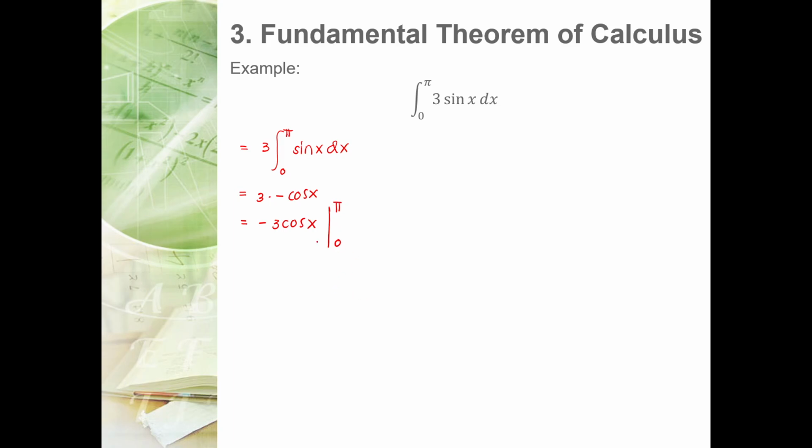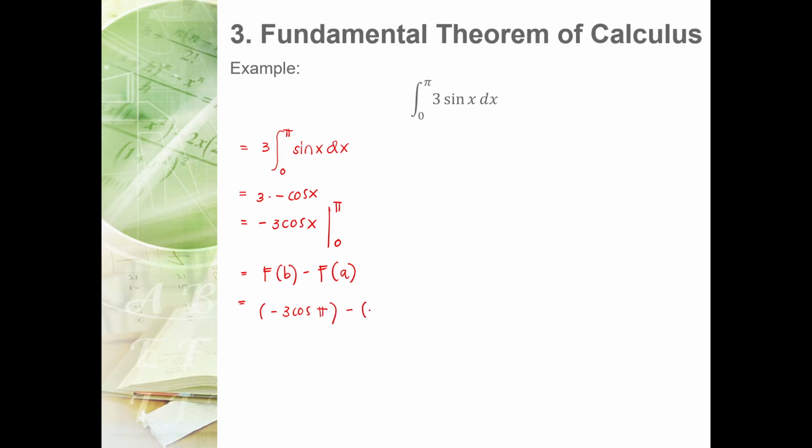So this may sound simple. So cosine x. But again, since we don't have any calculator, let's try to apply first the formula. So this one is A. So starting off with f of b, this is negative 3 cosine of pi.